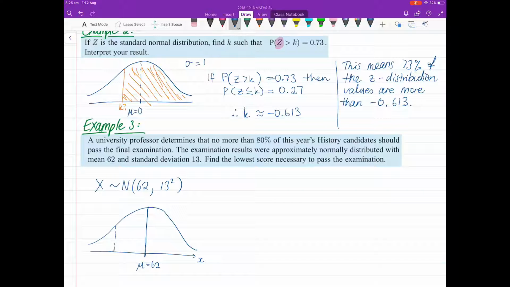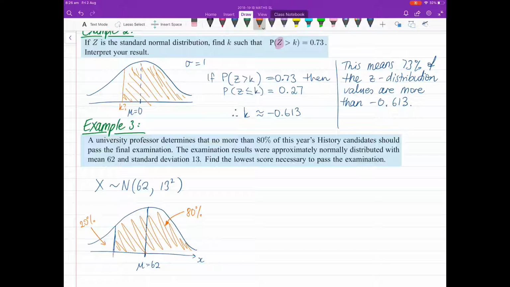So that's like the 20% mark, so up here this is 80% of the people passing. Oops, I forgot my percent symbol, so let me change that where I've written it. This is 20% and this is your 80%.